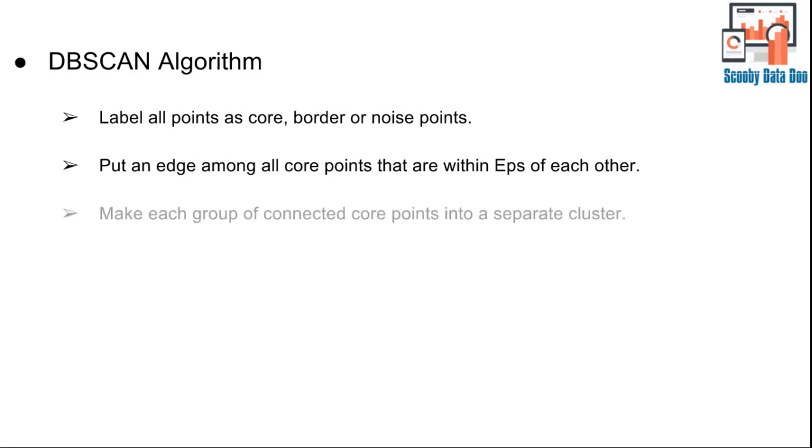Each group of connected core points, that's what I told you earlier, the density connected core points, will be a final group to form a cluster. So that's what the third line is saying: make each group of connected core points into a separate cluster.